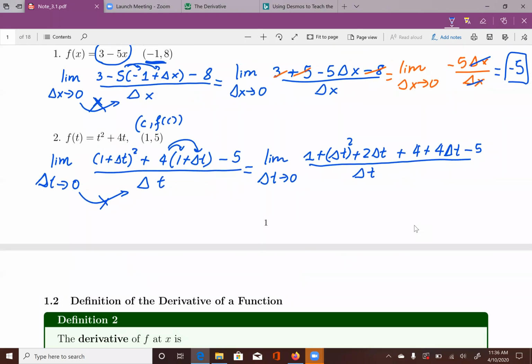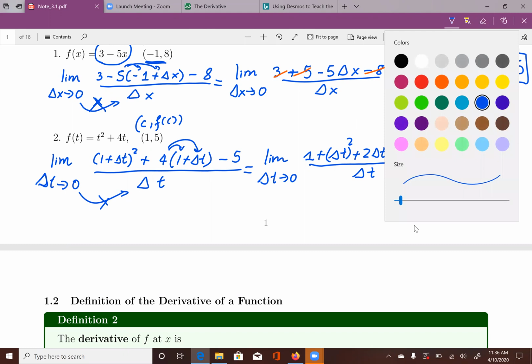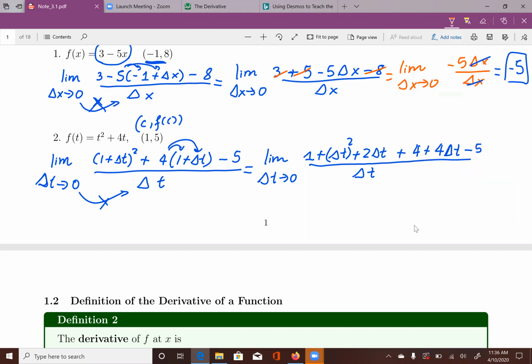Okay, and then at this point, you can see what you can cancel right now. You can cancel: 1 plus 4 is 5, minus 5 is gone. So what's left over is delta t squared plus 2 delta t plus 4 delta t, which is 6 delta t, divided by delta t.